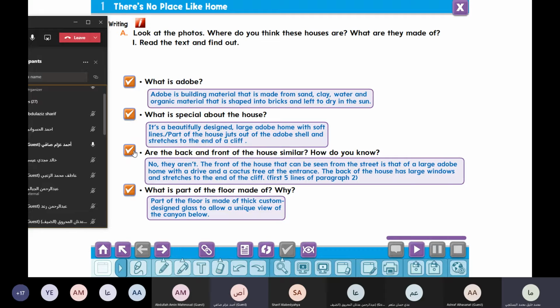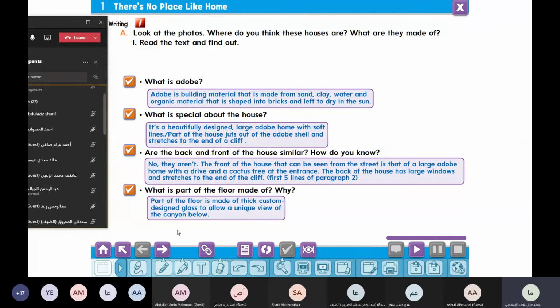Maybe a gorge, maybe a valley. Canyon means a deep valley with very steep sides. Canyon means a deep valley. So you can imagine how they build a home over the canyon.